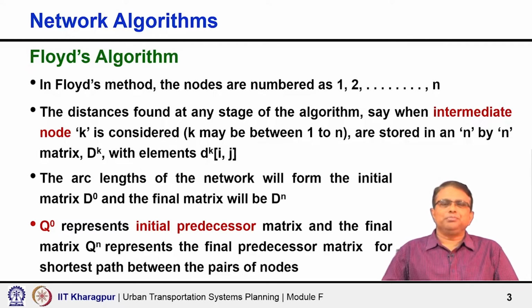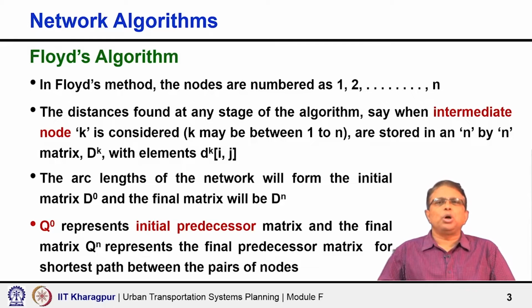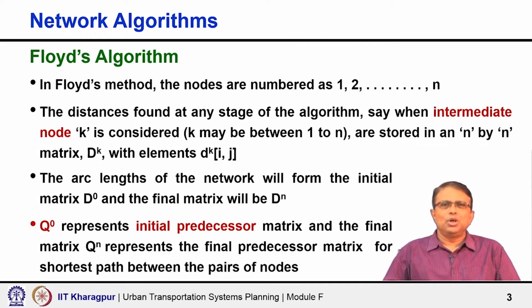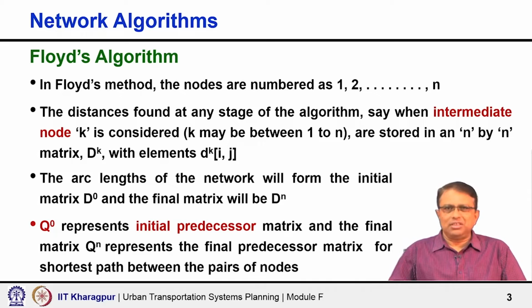This algorithm is generally, I can say, more efficient, because what we were required to do, say if there are n number of nodes in a network, to get shortest path from one home node to all n home nodes, we wanted n iterations in Dijkstra's algorithm.